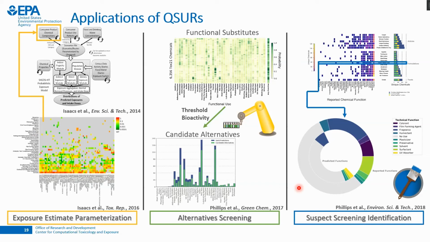But how do you prioritize which of those you really need to do that follow-up study with? And we decided to do that based on functional uses, right? If you see a chemical that's tentative, but it's a surfactant and it's in Windex or something like that, you can say, well, it makes sense that you would see a surfactant there. Let's go ahead and say that that has a higher likelihood of being in this sort of cleaner than a chemical that's not serving that functional role.